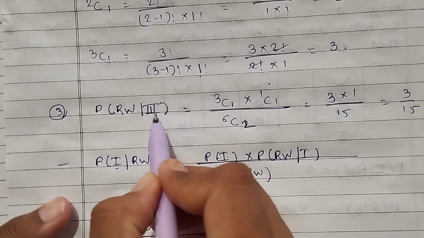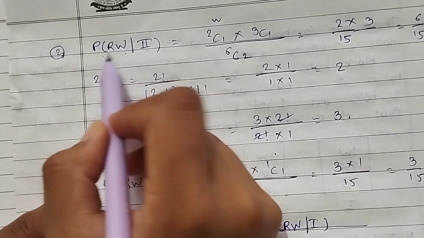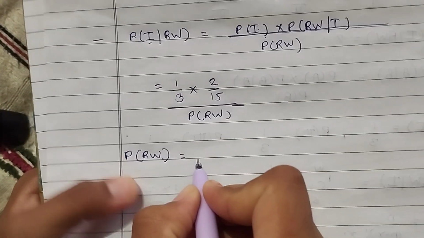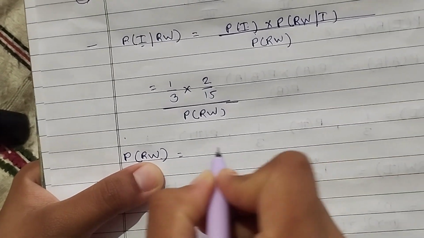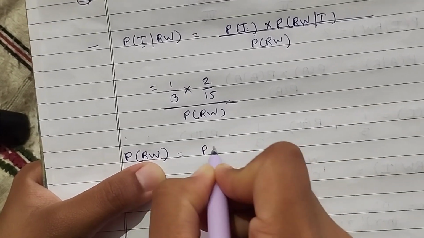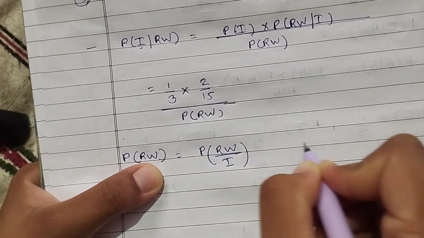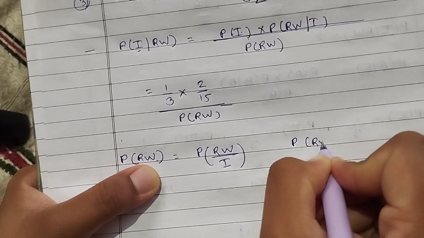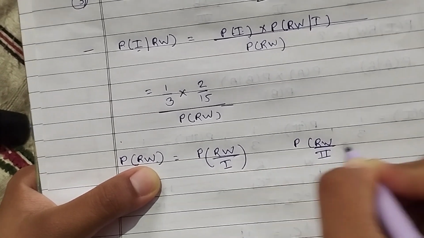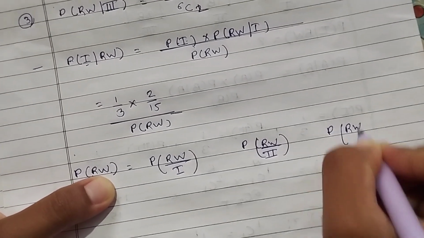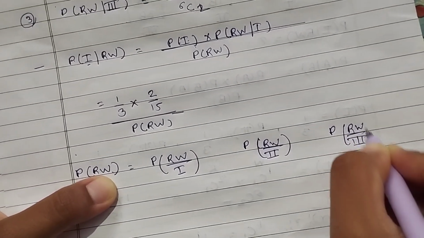Probability of RW with respect to 3, probability of RW with respect to 2, probability of RW with respect to 1. So RW always comes in the denominator. Probability of RW with respect to first, probability of RW with respect to second, and probability of RW with respect to 3.